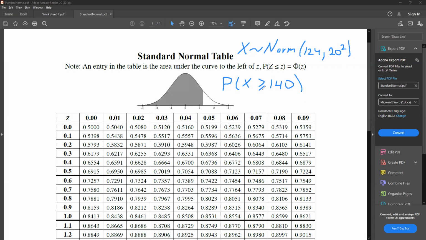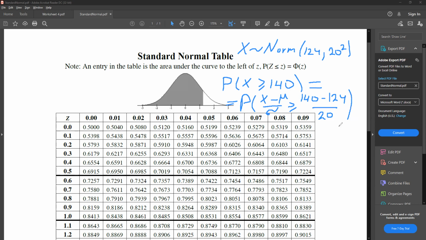So I can move from any general normal distribution to the standard normal distribution by applying the following transformation: X minus mu divided by sigma. If I subtract mu and divide by sigma on the left side, I need to do the same operation on the right-hand side of my inequality. So 140 minus 124 divided by 20.